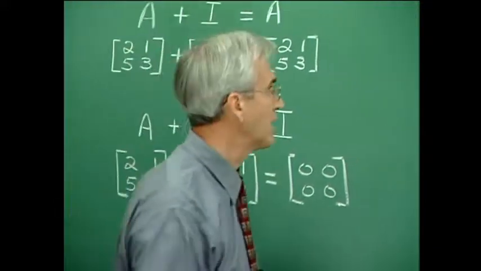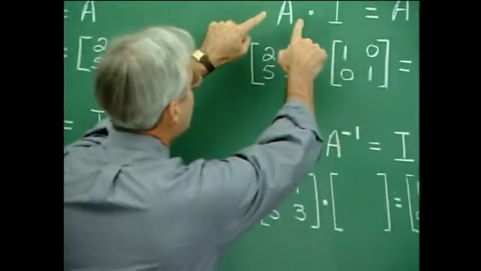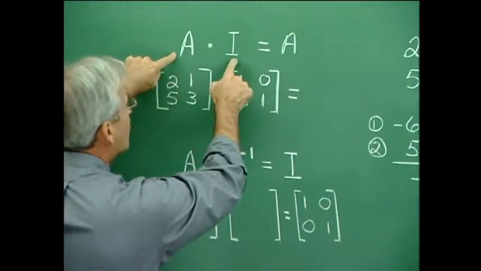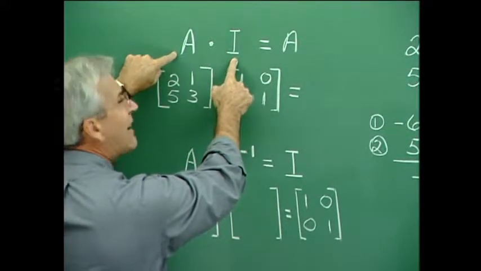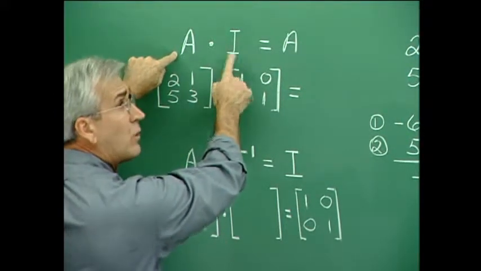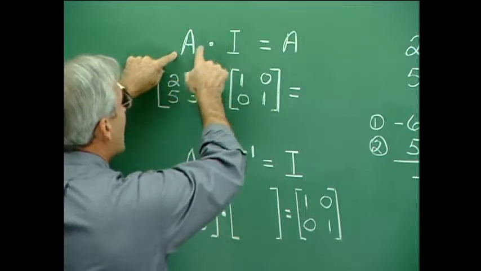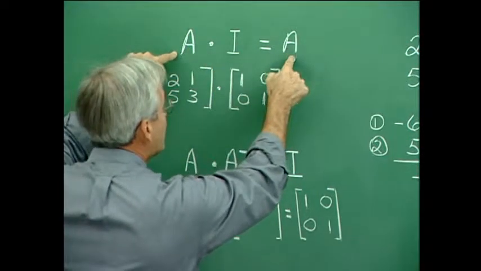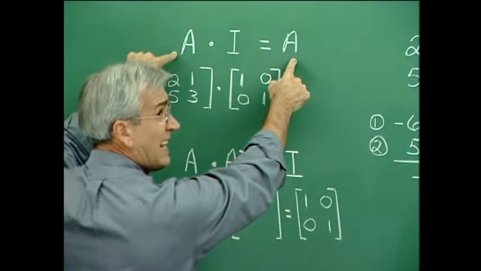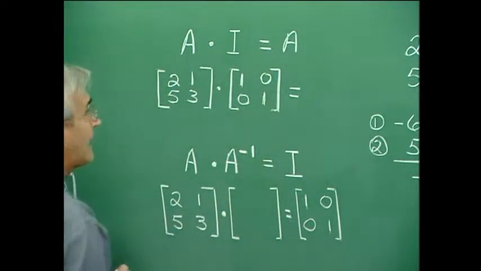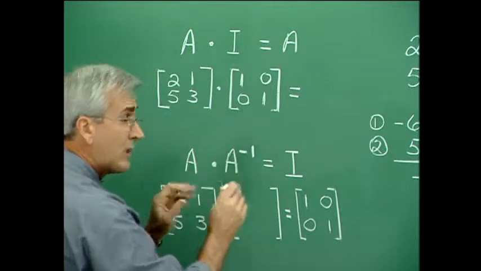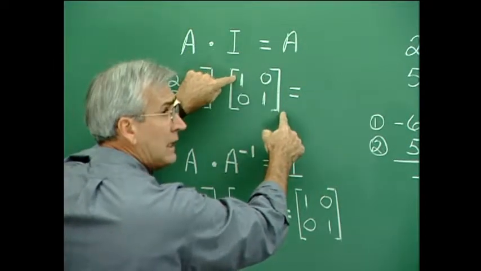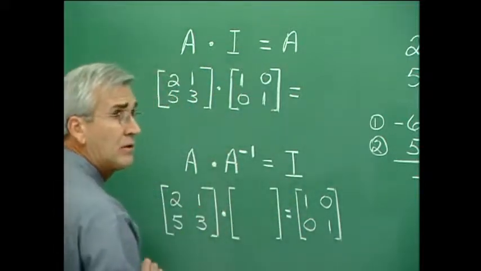Now this is somewhat unexpected, perhaps. We take A, now we're talking in the multiplication world at this point. Let's talk about a multiplicative identity element, which means that we want to take a matrix and multiply it times an identity matrix and get the matrix that we started with. And it turns out that that multiplicative identity matrix is a matrix composed of ones along the main diagonal and zeros in all of the other parts.